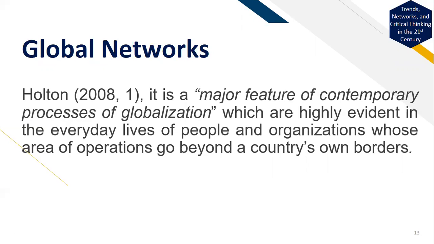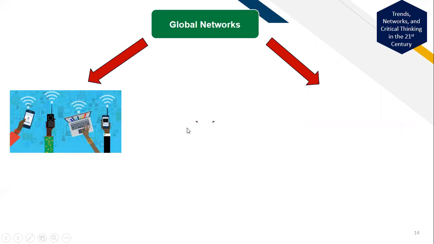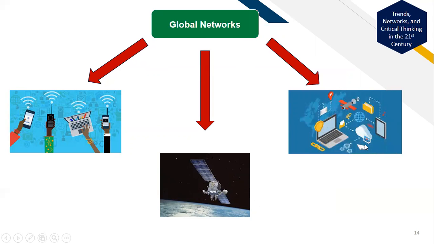So dito na pumapasok si, of course, internet and si World Wide Web. Dito na din pumapasok si satellites, internet din yan. And yan, technology. So global networks happen in this 21st century, na mas naging evident na siya.